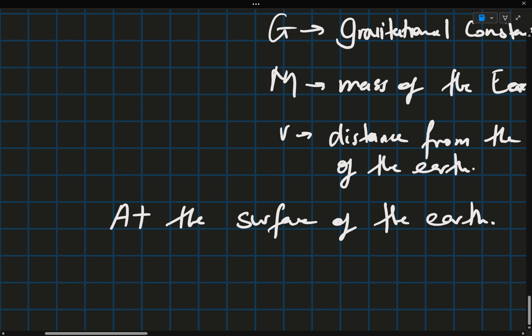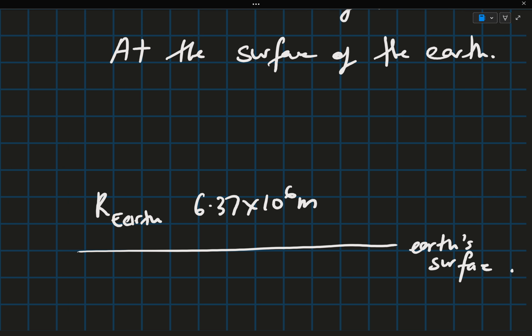Let's say that this is the Earth's surface. r Earth is going to be around 6.37 times 10 to the 6th meters. That's the general radius of the Earth. So I can't put it as equal actually, I have to put it as roughly equal. So it's approximately that value.